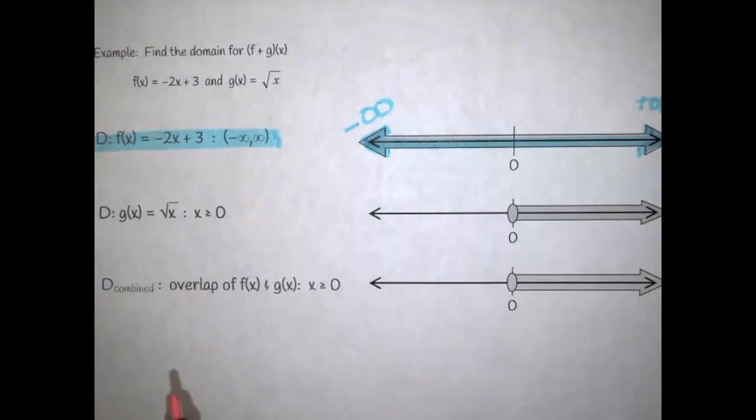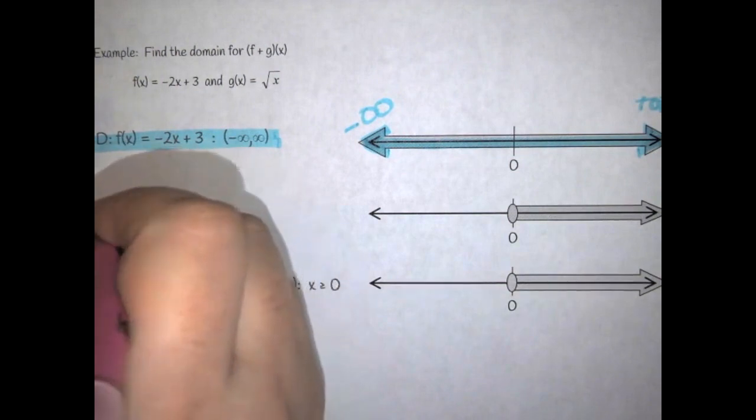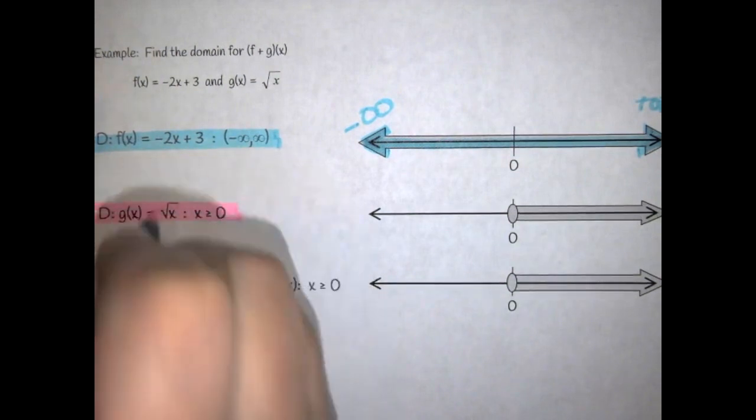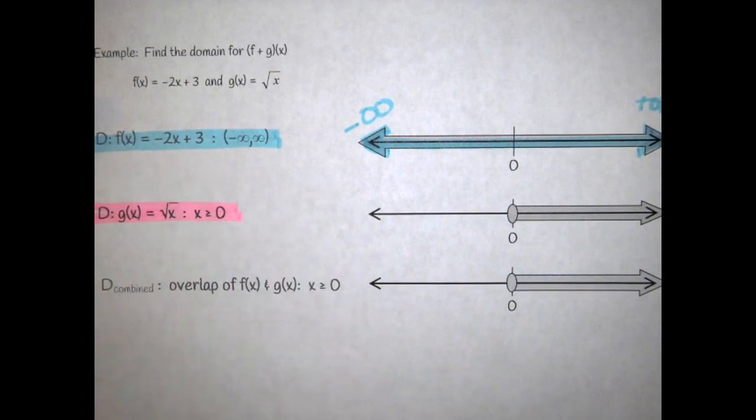Now, g of x is a little bit different. G of x here is a radical. And here the rule for radicals says that you cannot have a negative under your radical sign as long as your index is even. Therefore, when we're talking about the square root of x, we know that x has to be greater than or equal to 0.